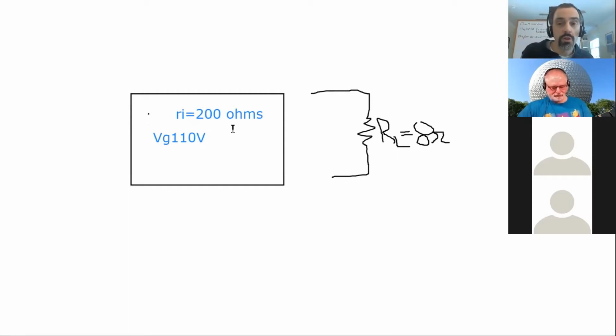All right, so there's our equation. What we're going to calculate here is the power of our load.